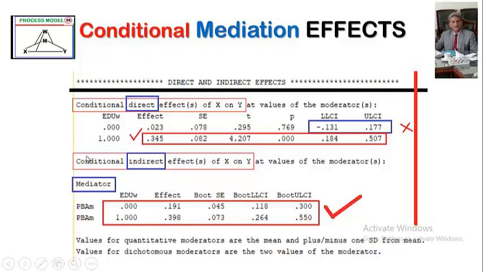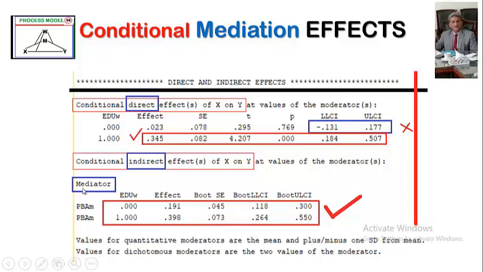The next category of the effects is the conditional indirect effects. These were the direct effects from X to Y, while these are the indirect effects wherein mediator will also be used along with the moderator.